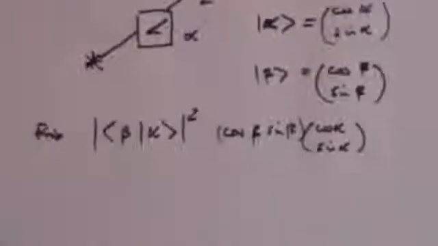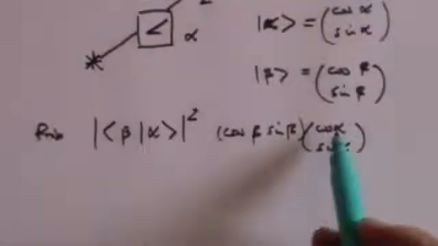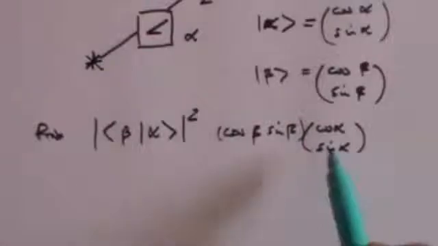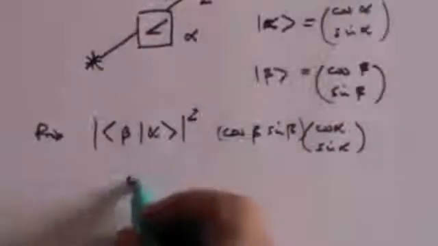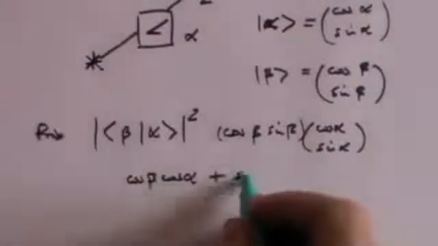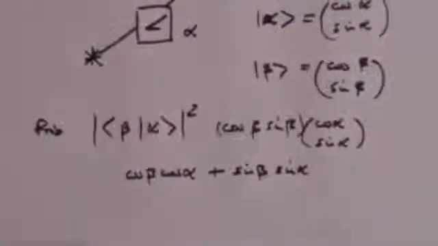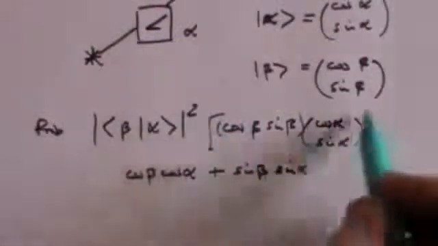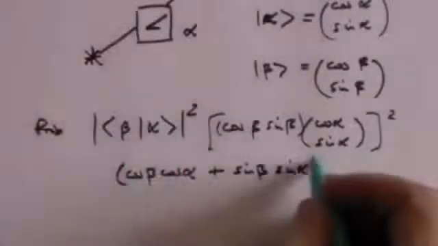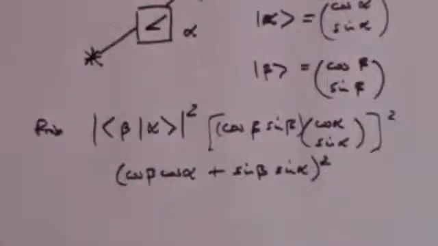If you multiply that out, you get cosine beta cosine alpha plus sine beta sine alpha. And that term, of course, has to be squared if you want the probability. So this is all squared.